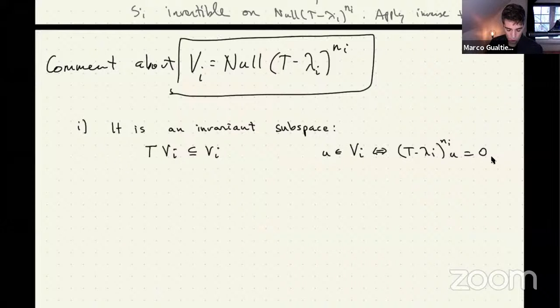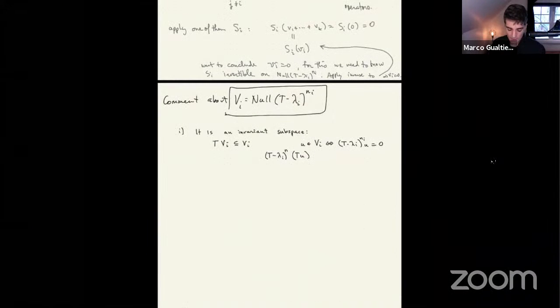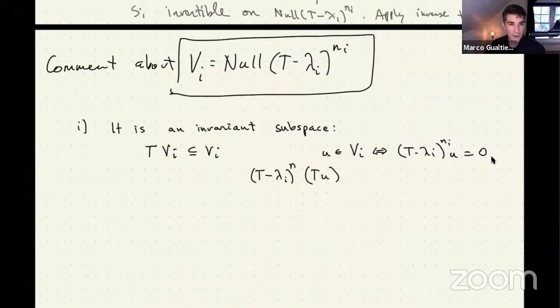Then I want to check that T of this vector, Tu, is in Vi. So I just take (T minus lambda I) to the ni and apply it to this and see what I get. But remember that T commutes with T, and it commutes with a multiple of the identity. So T will commute with all of these powers, with all these products, and I can bring it to the other side.